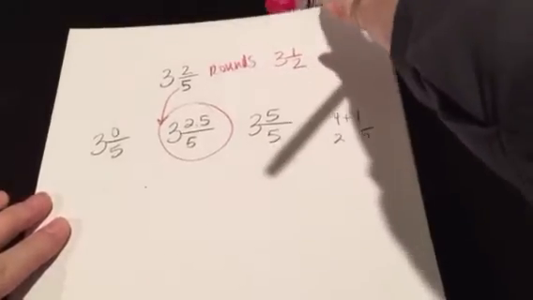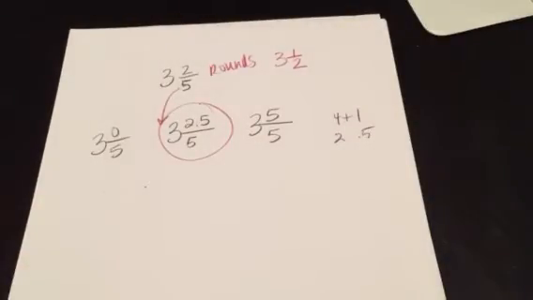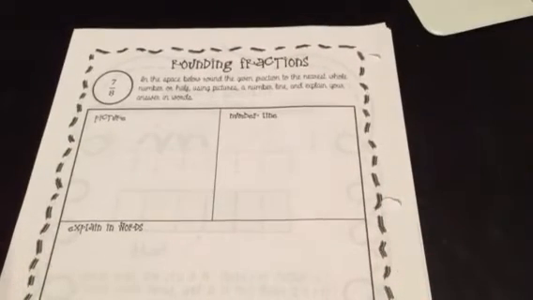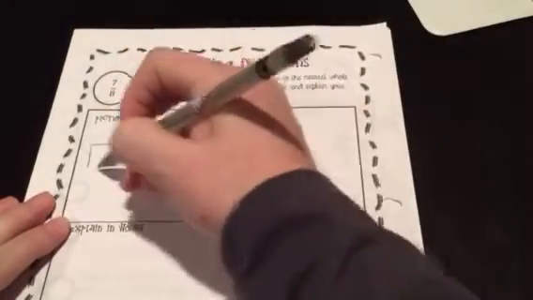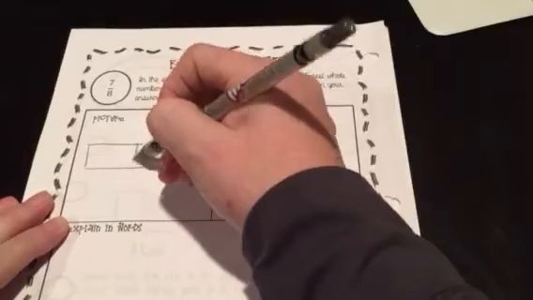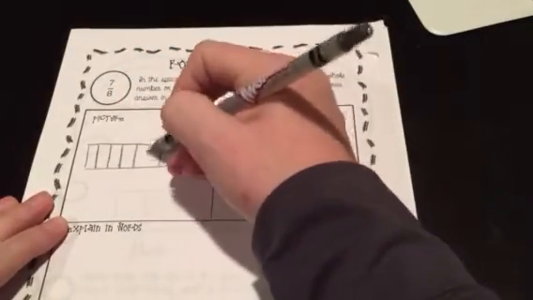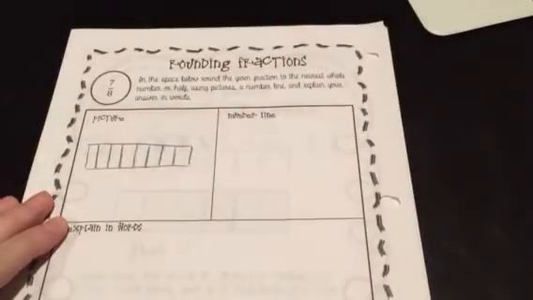So aside from doing that, we also want to be able to show our work with pictures, number lines, and words to explain that. So we're looking at the fraction 7/8. If I were going to draw a picture to represent 7/8, all we have to do is draw a rectangle. And remember, we want to do our best to make the parts as even as possible, but it doesn't have to be perfect.